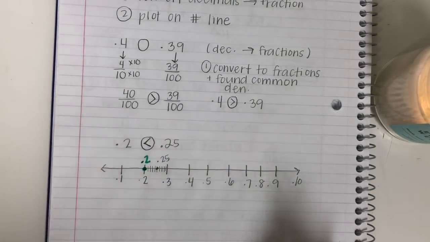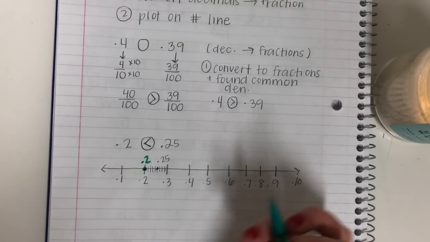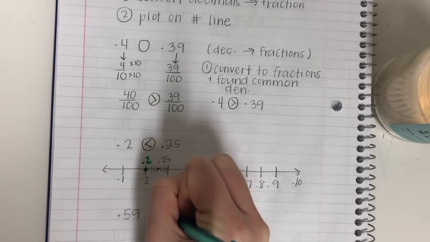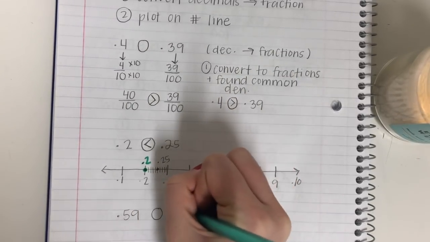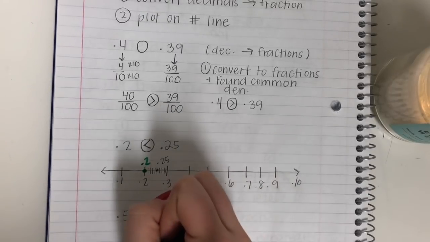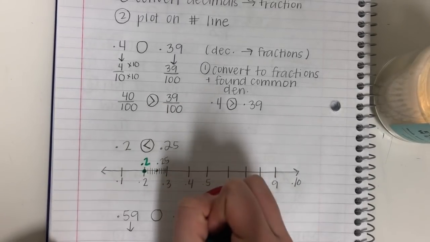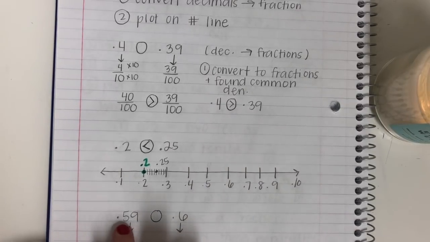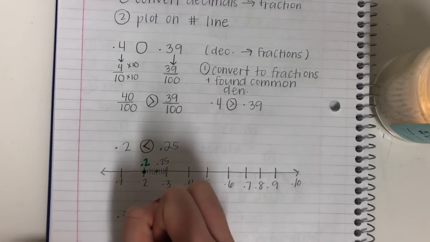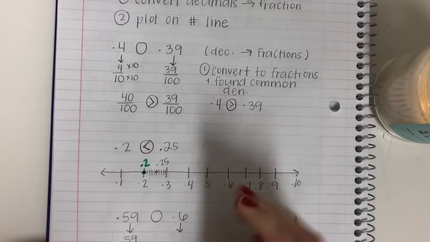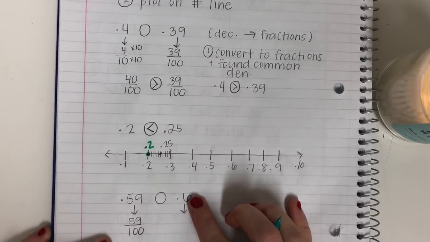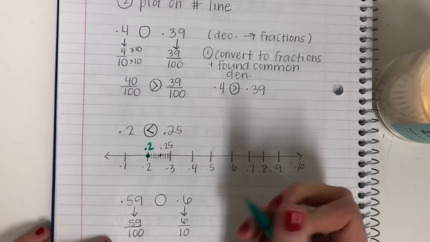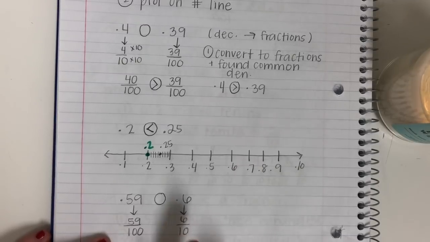And I'm going to do the converting with this one. So let's say that we have 59 hundredths being compared to 6 tenths. I'm going to convert these. So I'm going to say them out loud, and that will help me put them into fraction form. So 59 hundredths is 59 over 100. I say this decimal is 6 tenths, so 6 over 10. Now I have to find common denominators, 100, so I'm going to convert 10 to 100.